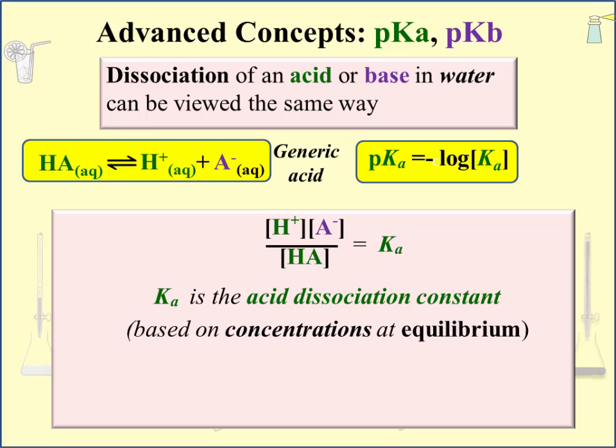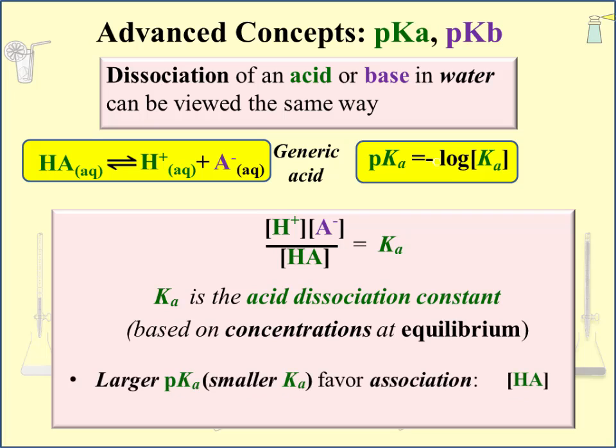The purpose of pKa is the same as that for pKw and pH. Make very small and very large numbers easier to handle. pKa is a way to see how strong an acid is at a glance. Acids with a larger pKa, that is a smaller Ka, favor association or the reforming of the acid.